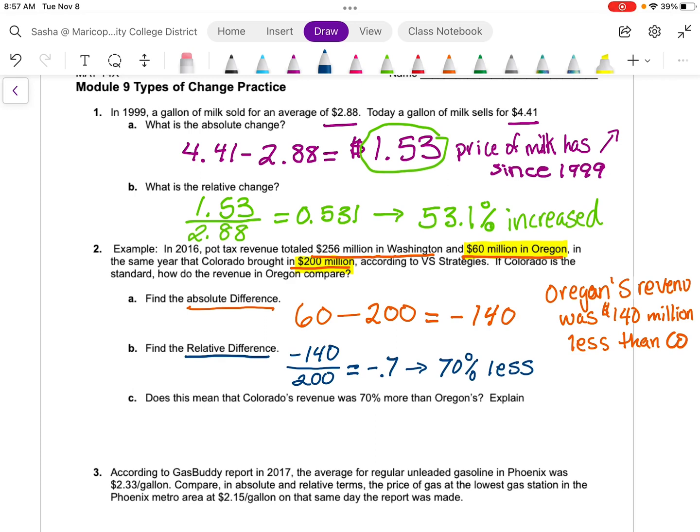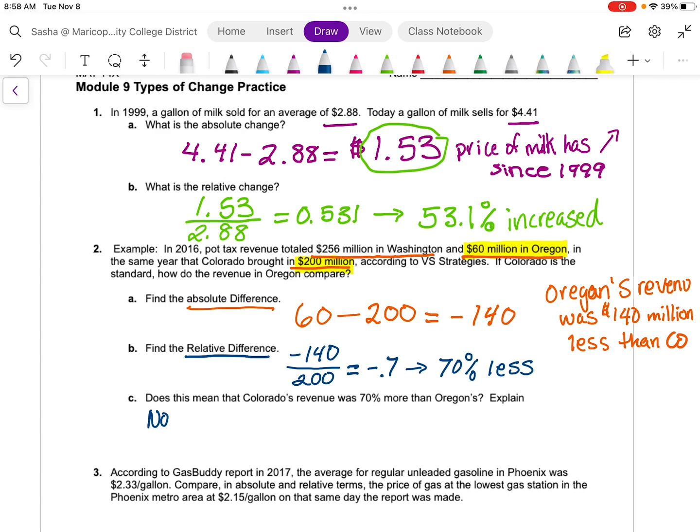Now, does that mean Colorado's revenue was 70% more than Oregon's? No, that's not how this works. I can say that Oregon's revenue was 70% less than Colorado's, but percents don't just work with a flip. If I wanted to figure out how much more Colorado's revenue is, I would need to redo my relative difference, making Oregon the standard.